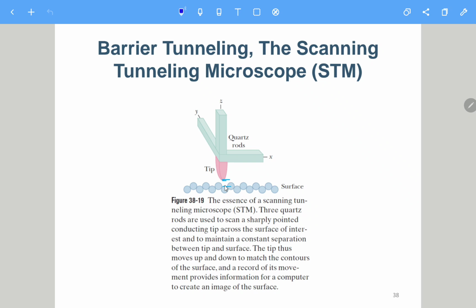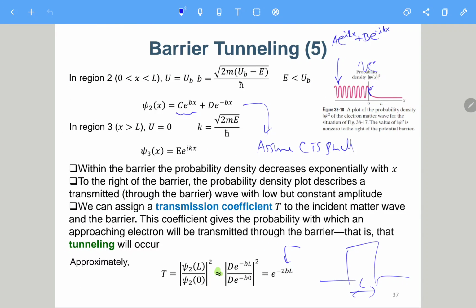Then you know for this coordinate what the distance between the tip and the surface is. So you just try to scan through the surface. You are not actually watching the particle itself. You try to observe what percentage of the current can go through this potential wall, and then you use this to derive the distance. So you know, here this particle is lower, for that one the particle is higher, then you know the distance.